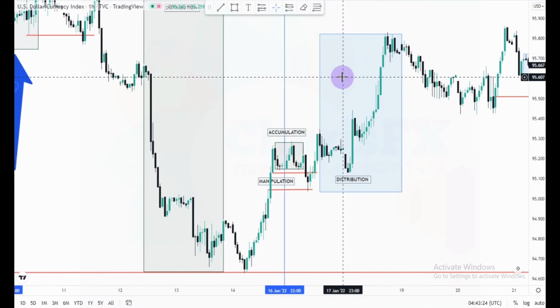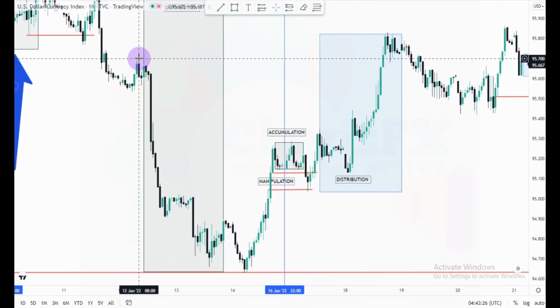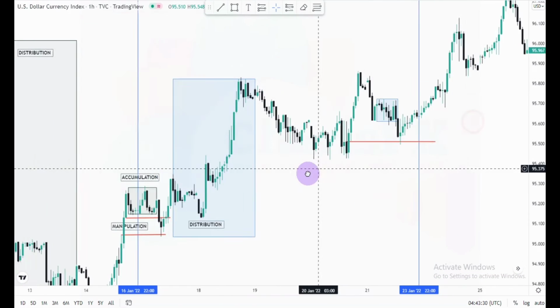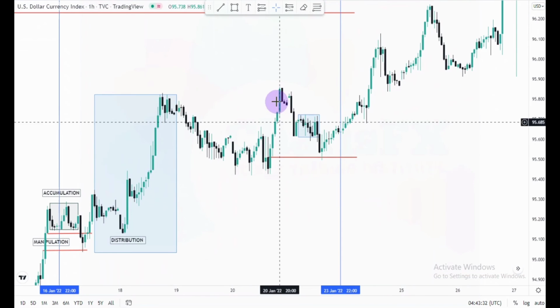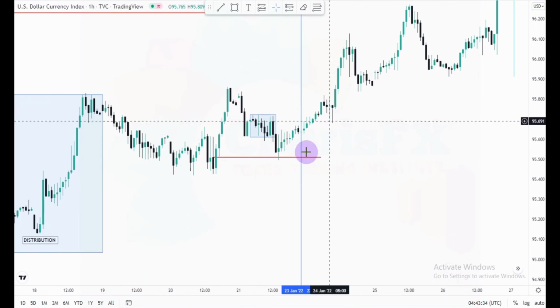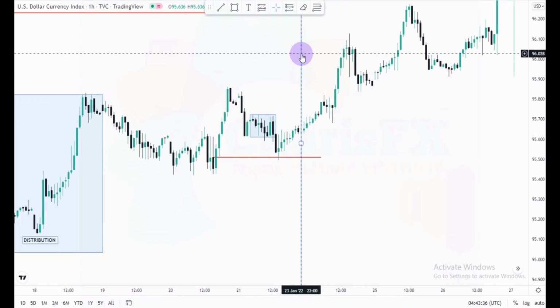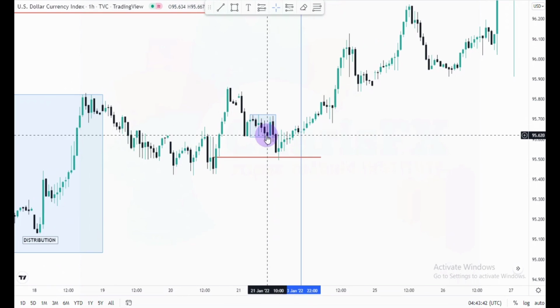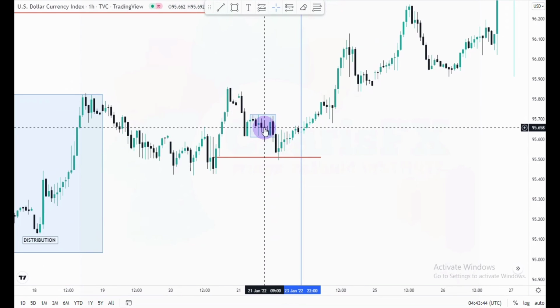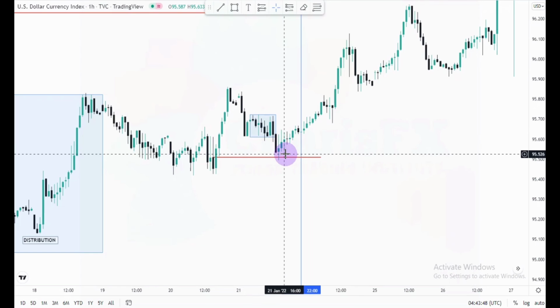Once price delivered and took out liquidity above this high, it went into consolidation, consolidation, consolidation. Now look at this. This was the opening price of that weekly candle. Okay, prior to that, you could see consolidation or accumulation of orders, manipulation to what?